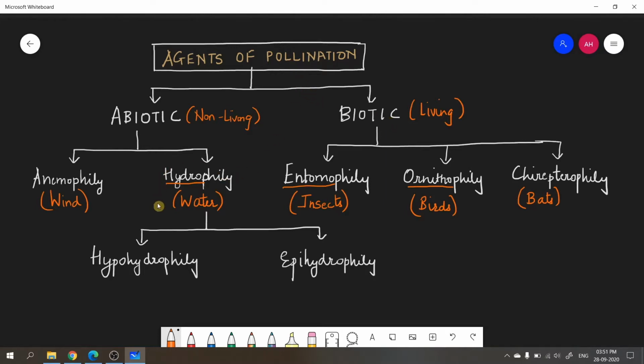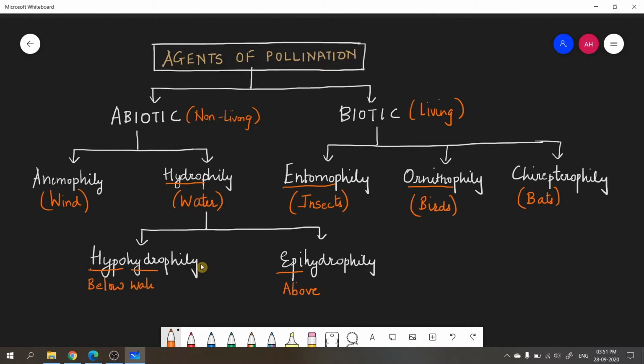Now hydrophily, which is a part of abiotic agents of pollination, is further categorized into hypohydrophily and epihydrophily. Now over here, hypo means below and epi means above, right? I'm going to write that here. Hypo means below and epi means above. So if you can guess, hypohydrophily, we already know that hydro means water, right?